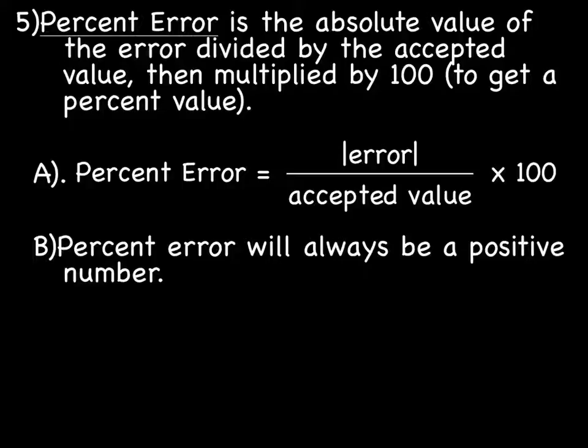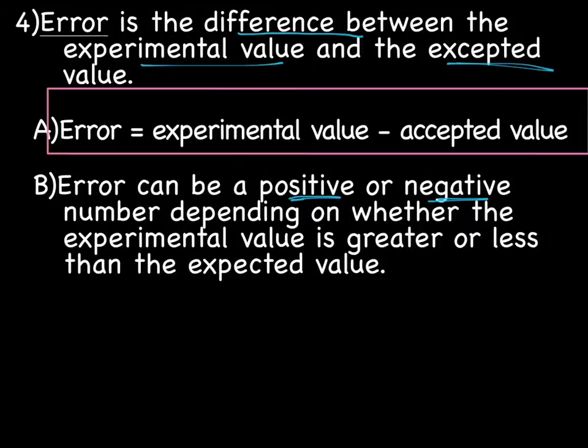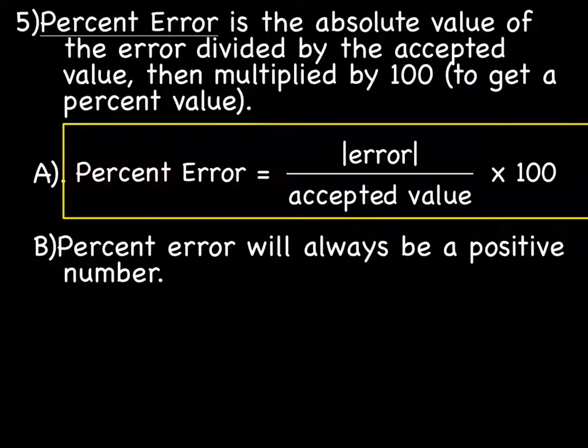So, another formula you should know. Percent error equals the absolute value of the error, which is from this formula here, divided by the accepted value times 100.